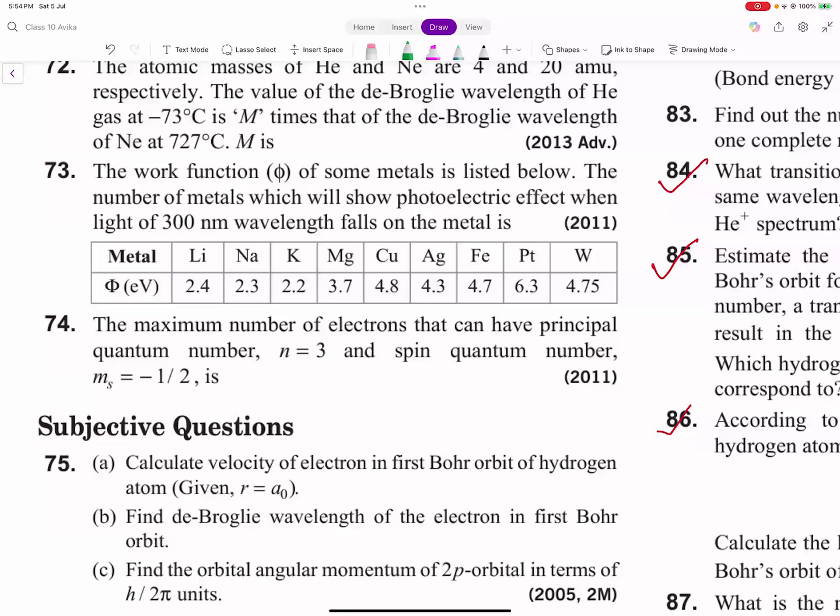So which ones are less than 4.1? How many? 4. Oh, right. Got it?